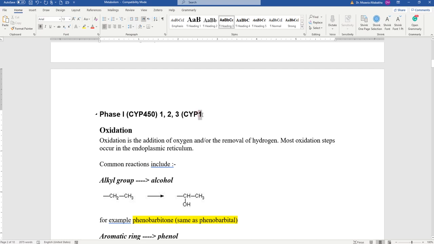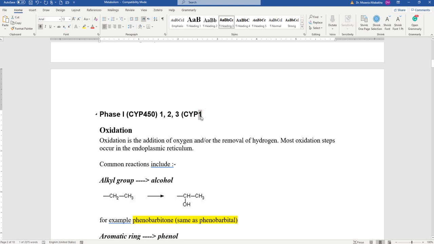How do they classify them into families? That depends on genetic similarities. You know that enzymes are made by genes, and when there is greater than 40% similarity, they put them in one family.